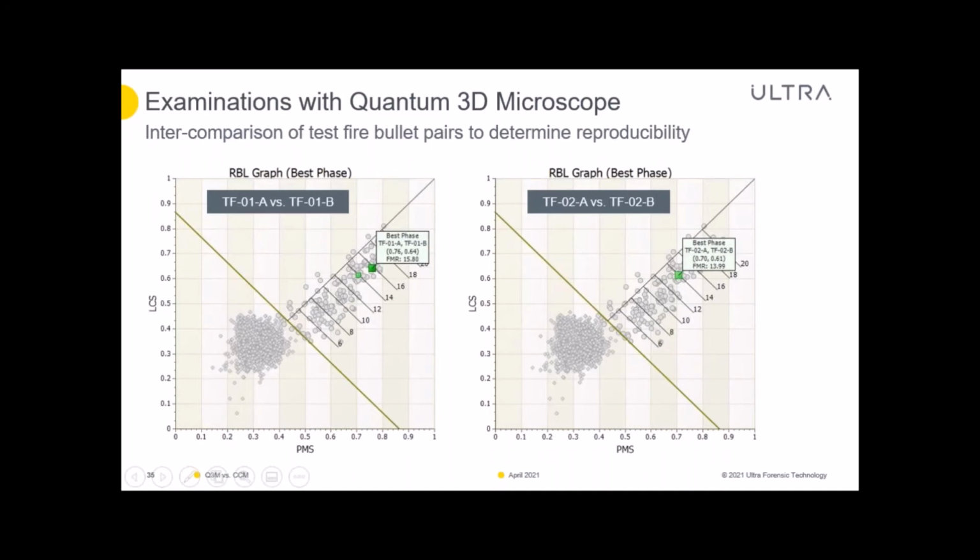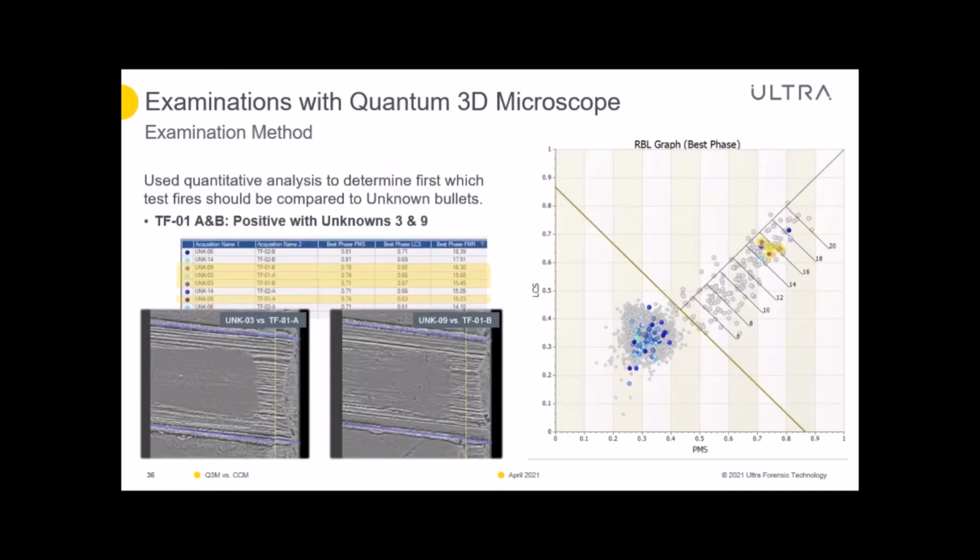Here you can see the RBL graphs of the two pairs of test fires, and that was the intercomparison to determine the reproducibility of the test-fired pairs of bullets. This is another examination of test fire 1, A and B, to unknowns 3 and 9, with a combination of the RBL graph as well as the visual comparison viewer.